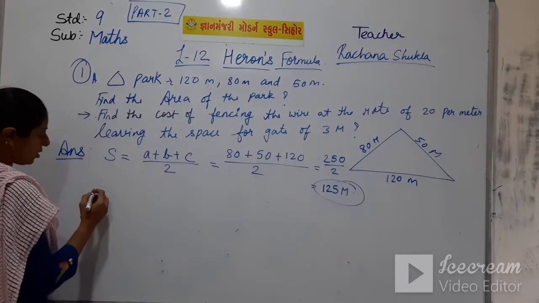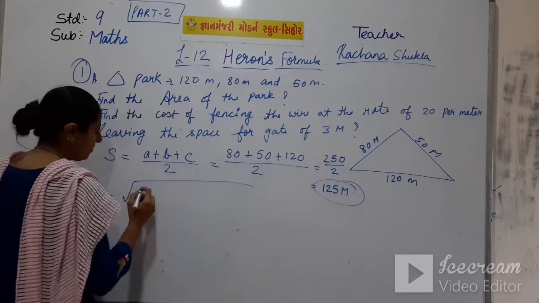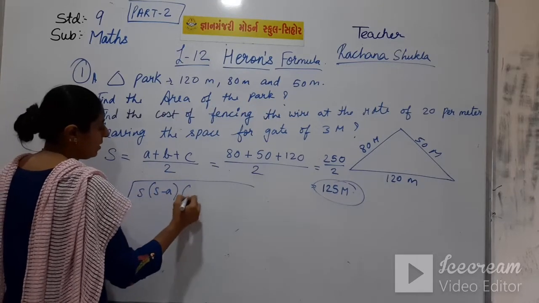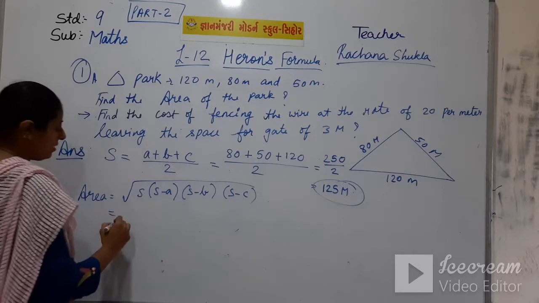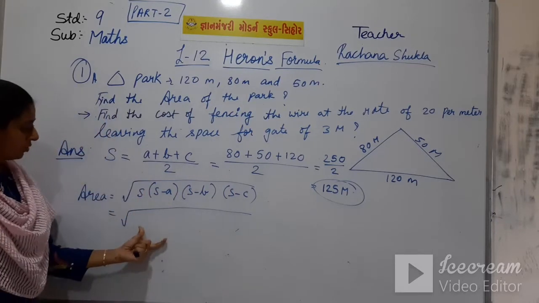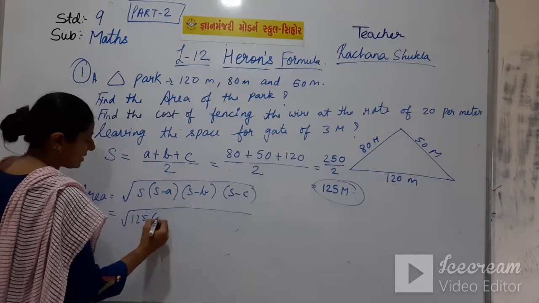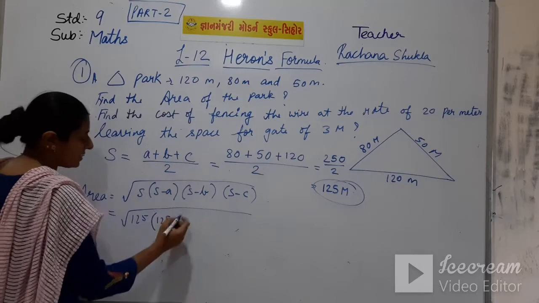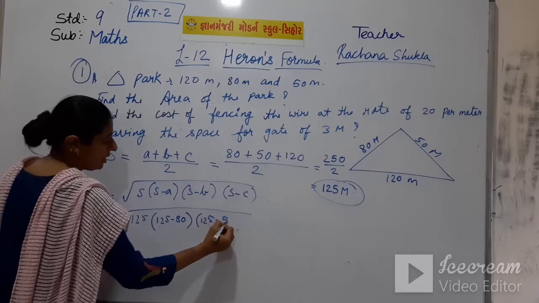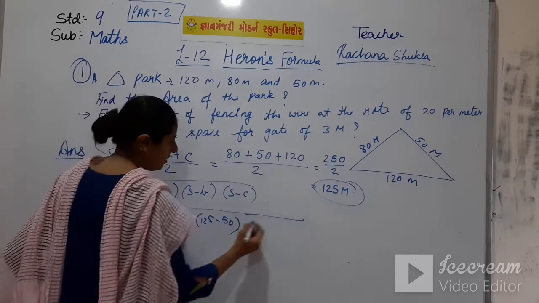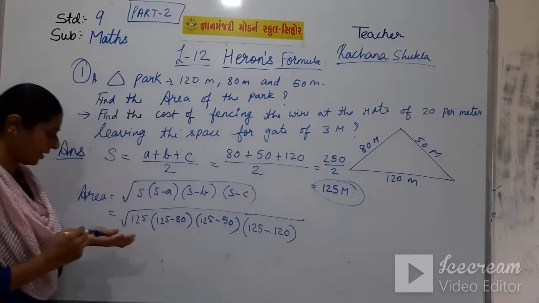Now we will put the formula of Heron's. Area equal to root of S into S minus A, S minus B and S minus C. Then we will put down the values of S. S is 125. Then comes 125 minus A, which is 80. Again 125 minus 50, B is 50, and 125 minus 120, C is 120.